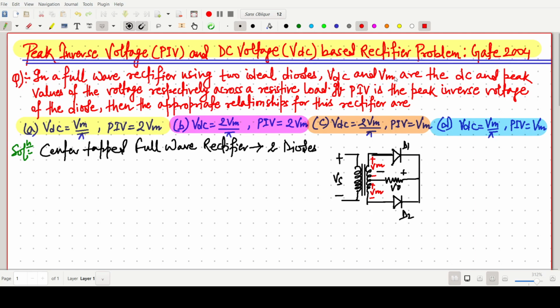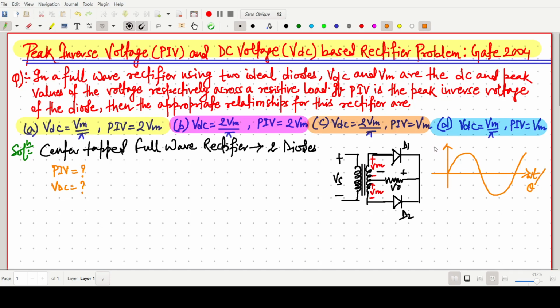Now, what we have to find? We have to find the value of PIV and the value of VDC. So first, if we are giving an input signal, I am writing in terms of omega t, or we can also write theta.